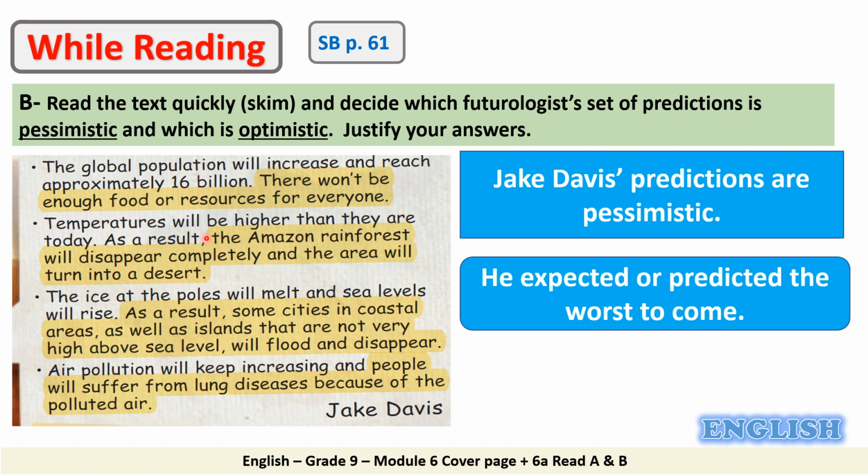The Amazon rainforest will disappear completely and the area will turn into a desert. As a result, some cities in coastal areas as well as islands that are not very high above sea level will flood and disappear. People will suffer from lung diseases because of the polluted air.